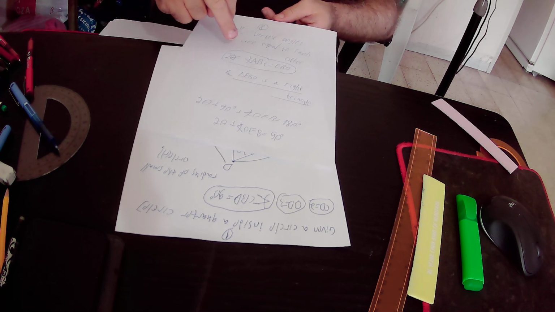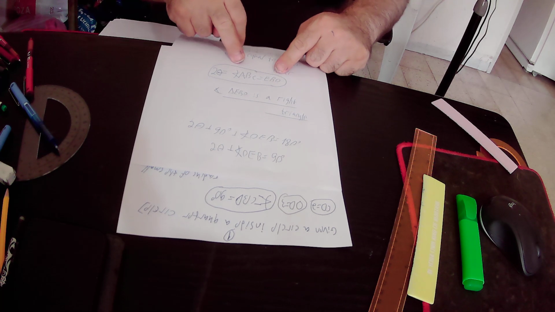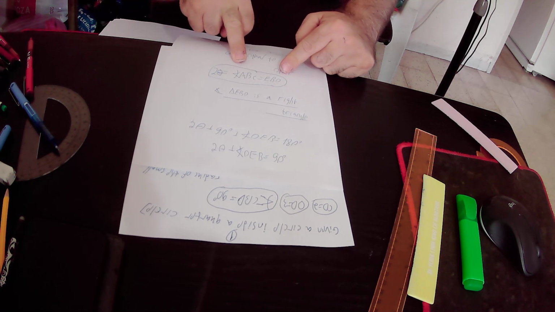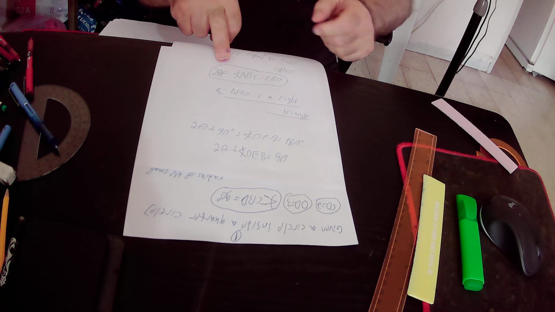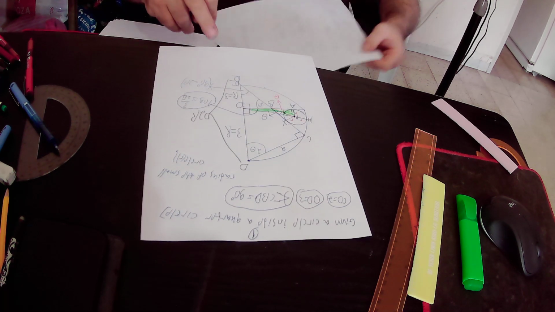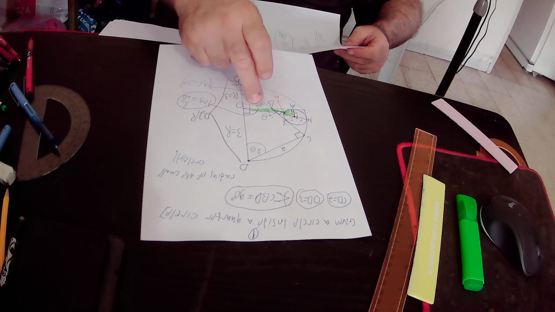We all know that those two vertex angles are equal to each other. So angle EBO also equals 2 theta.